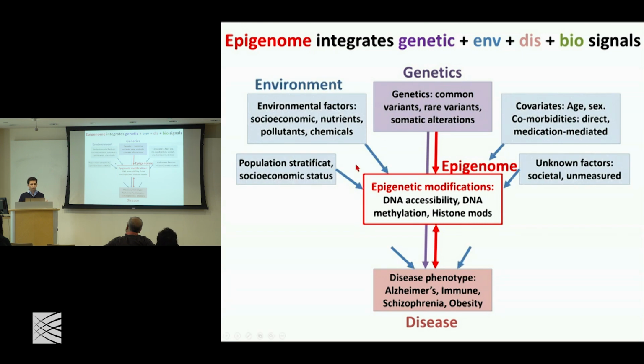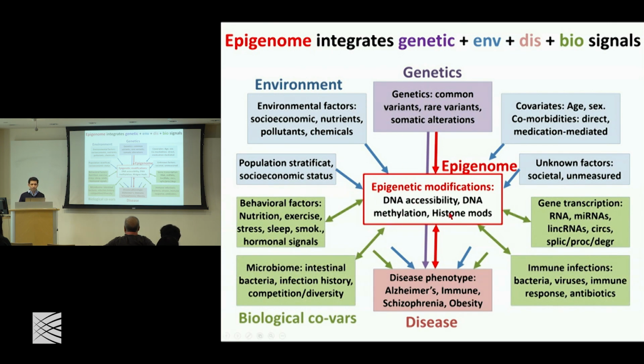The epigenome also helps integrate additional information about your own biology, like your age, your sex, and societal factors such as socioeconomic status, which are all influencing the epigenome. And the epigenome itself is influencing many other processes, such as gene transcription, splicing, microRNAs or lincRNAs, and it is interacting with behavioral factors, the microbiome, immune history of infections, and so on and so forth.